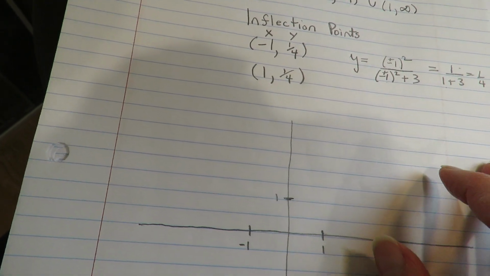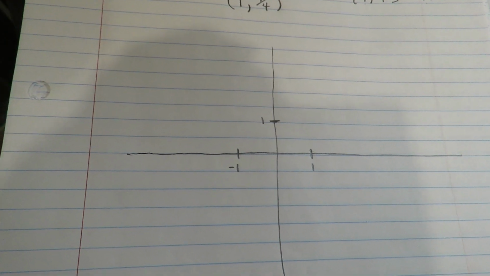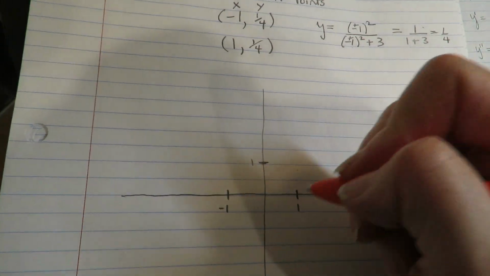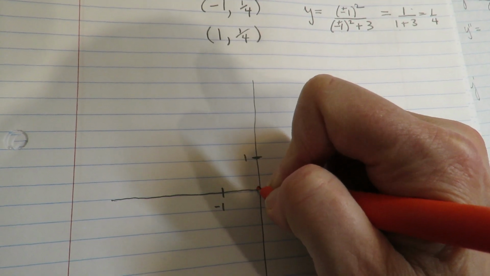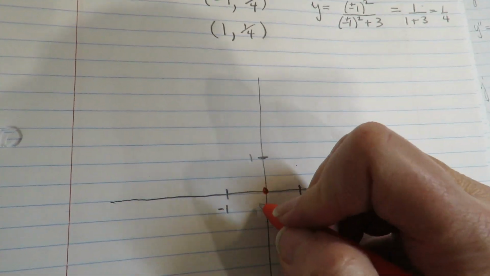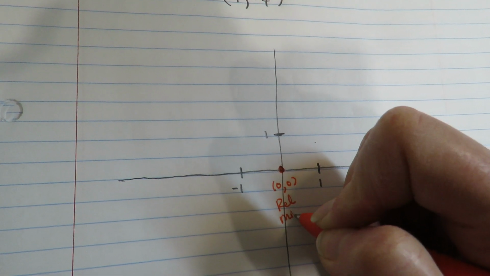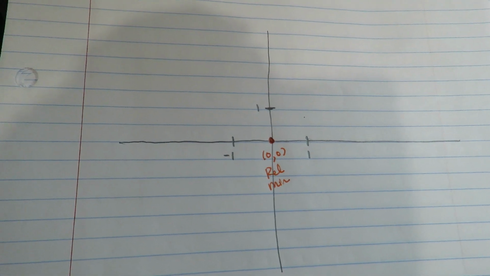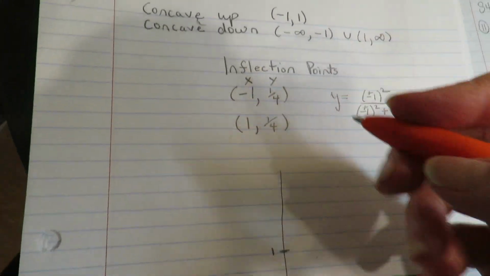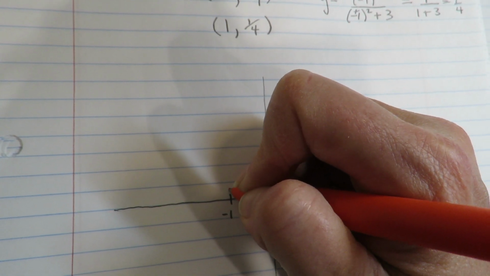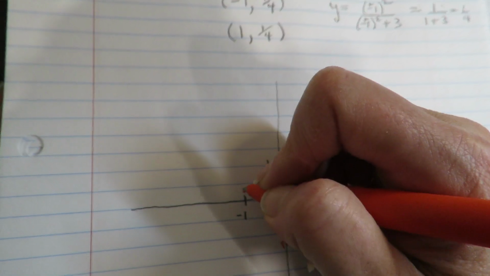All right, now I'm going to put up my values. Let me start with my relative min. So 0, 0 is my relative min. My inflection points are at -1, 1/4. That's over here. This is a half, so this would be a quarter.